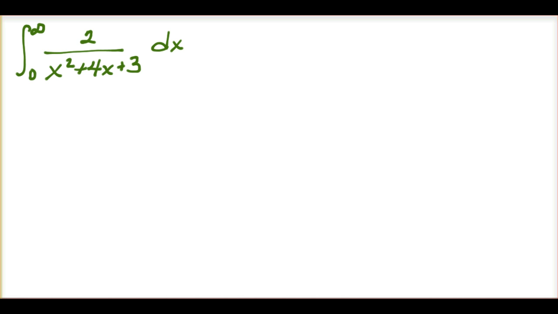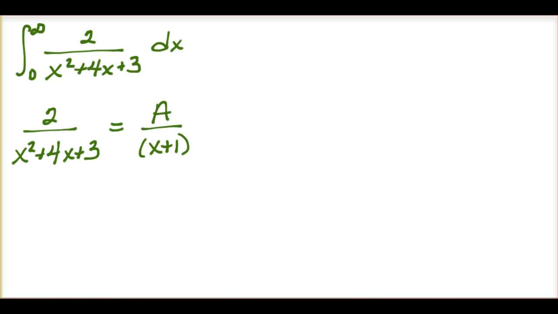So to start, we're going to let 2 over x squared plus 4x plus 3 equal A over x plus 1 and B over x plus 3.